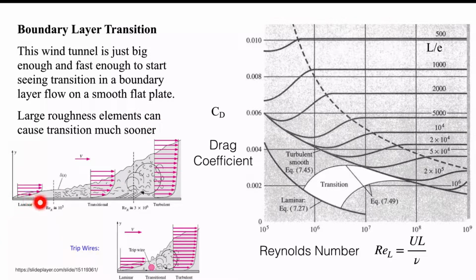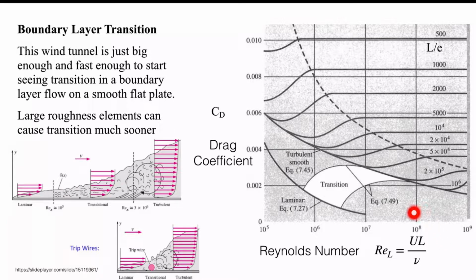Where a simple boundary layer on a flat plate would first be laminar, there'd be a period where it was going through transition, and then finally it would become fully turbulent out here after quite some distance downstream. In our experiments, we can put some roughness at the leading edge of the plate and use that to generate disruption and instability in the flow so that we'll have turbulence much sooner.